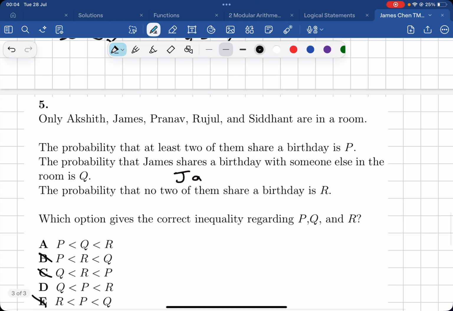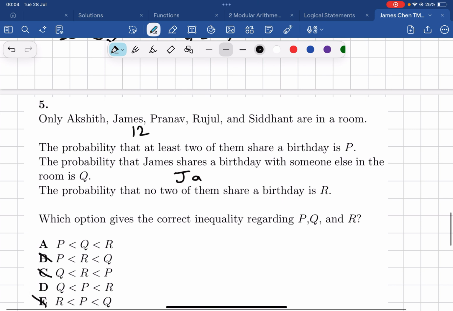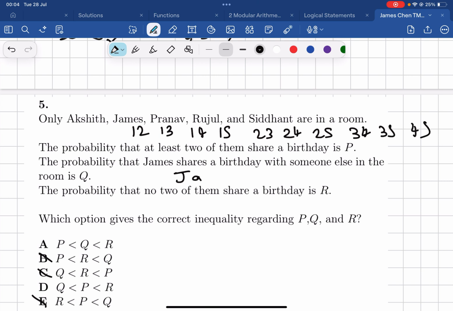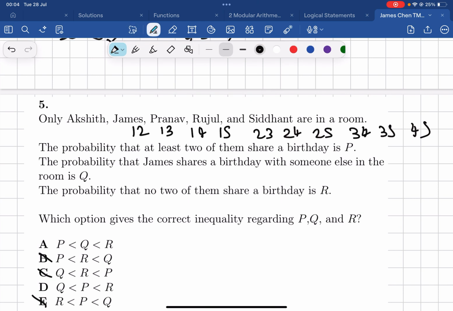So that can be let's say person 1, 2, person 1, 3, person 1, 4, person 1, 5, 2, 3, 2, 4, 2, 5, 3, 4, 3, 5, and 4, 5. And let's say, I don't know, James is person 1.